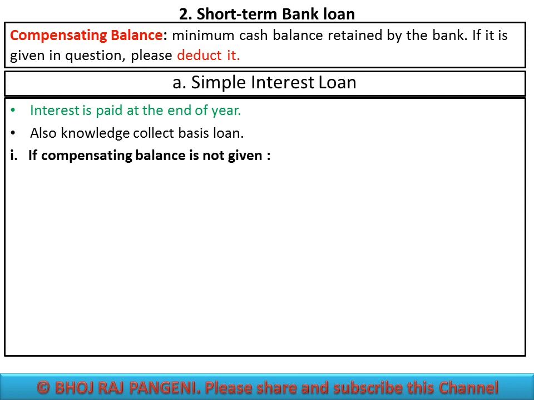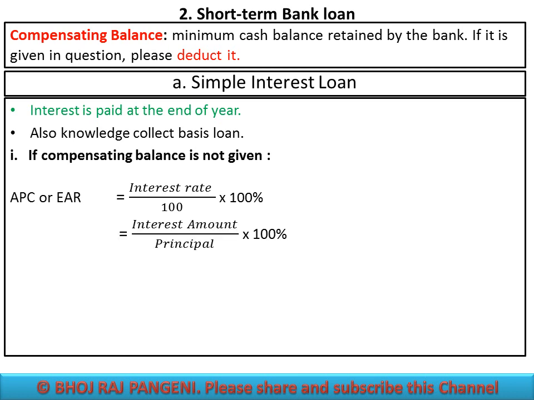Or you can use another formula, the interest amount formula: interest amount divided by principal times 100%. You can write only one, you don't have to write both. You have to know both formulas, but the first formula is always easier. You can directly put the interest rate.